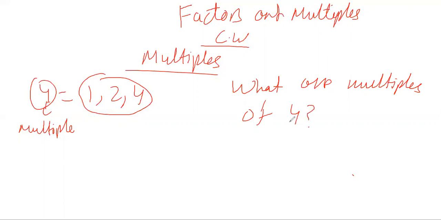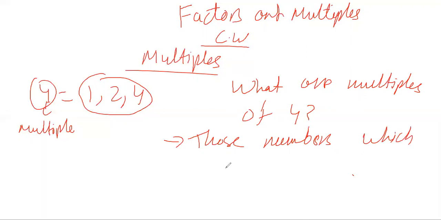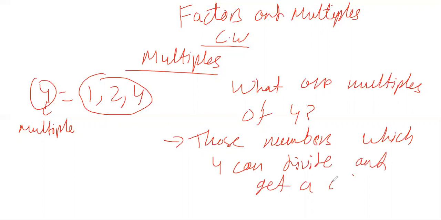It means those numbers which 4 can divide and get a whole number. What does it mean?